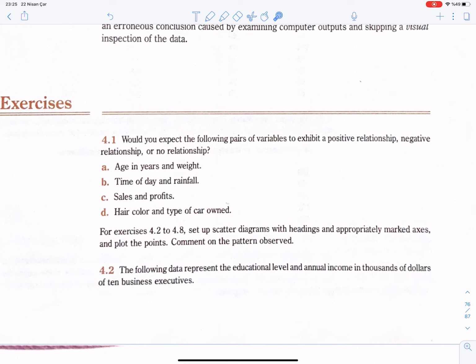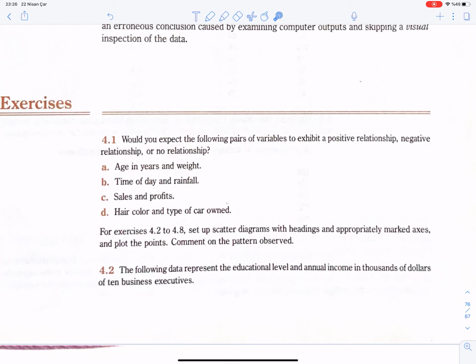Your weight will increase with years. Think of yourself when you were a child, you weighed less, and now you weigh more. Of course, there will be a stabilization, and you won't gain more weight after you're 25 or 30 years of age, or the increment will decrease, but it is still a positive relationship.